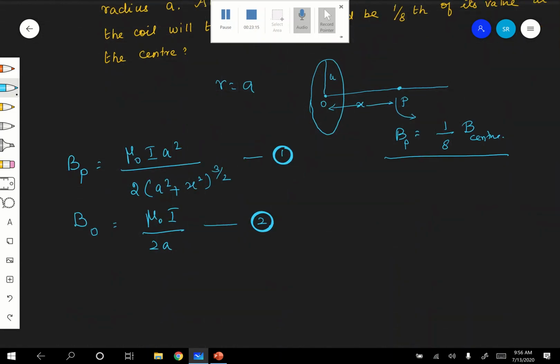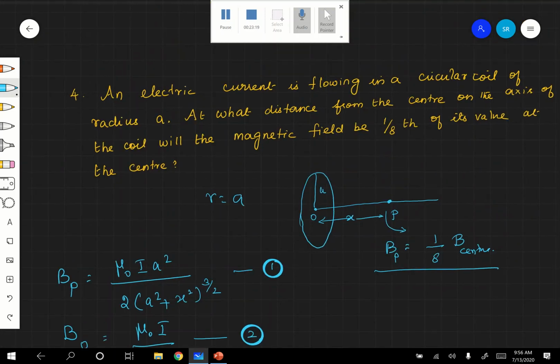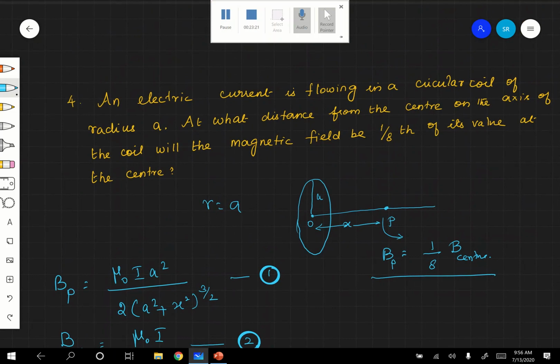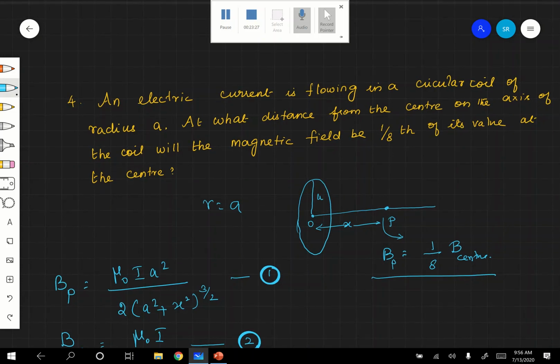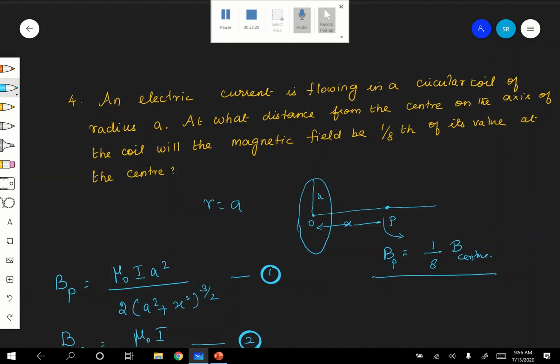It is very clearly given: at what distance from the center on the axis of the coil will the magnetic field be 1/8 of its value at the center? See here, the coil is kept perpendicular to the plane of the board. It is perpendicular to the plane of the board.